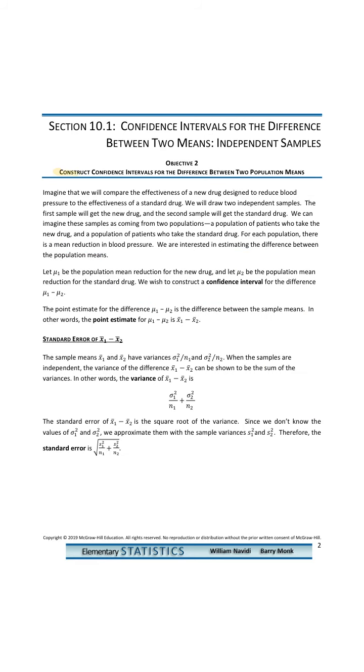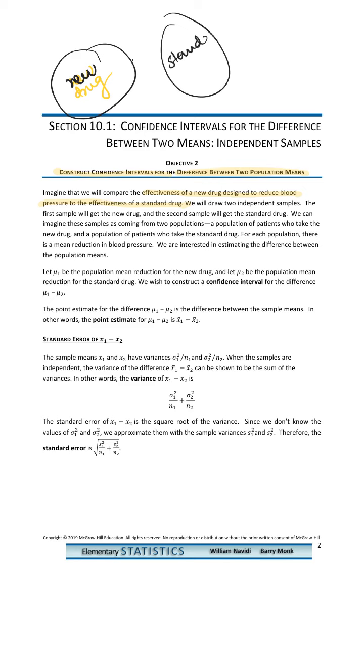Now let's see how to construct a confidence interval for the difference between two population means. We want to compare the effectiveness of the new drug designed to reduce blood pressure to the effectiveness of the standard drug. Here in this example we have two populations, a population of patients who take the new drug and the population of patients who take the standard drug or old drug.